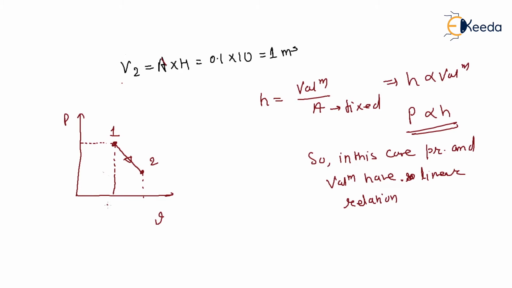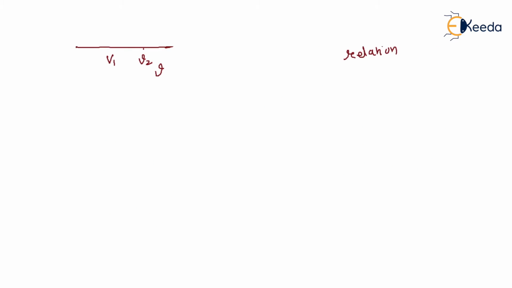This is your V1, this is your P1, this is your V2, this is your P2. Under this there is an area. So what is the area between 1 to 2?